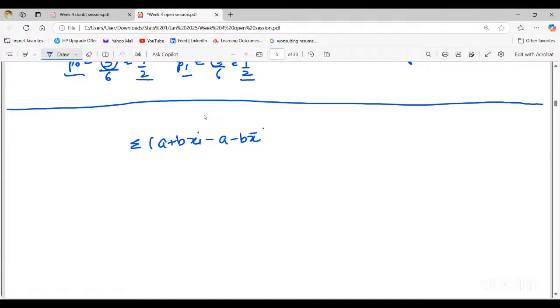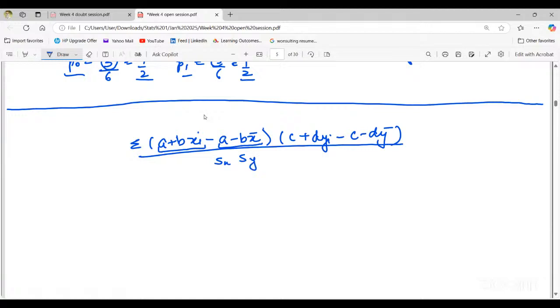So basically this was my pair, and this was my mean of that, correct? This would be c plus d yi minus c minus d y bar, divided by the standard deviation of x and the standard deviation of y, correct?